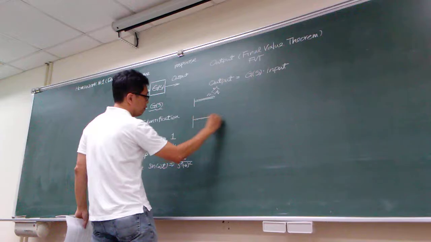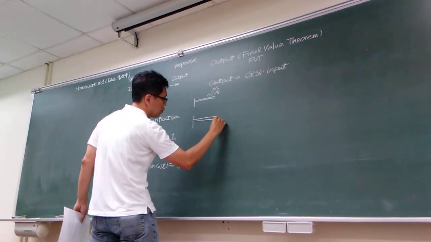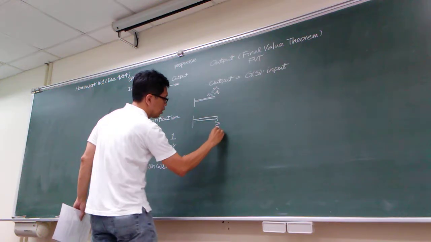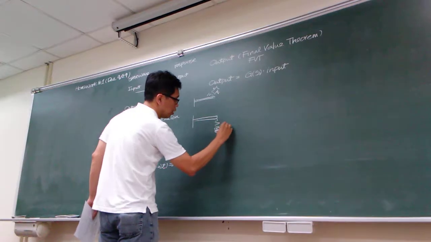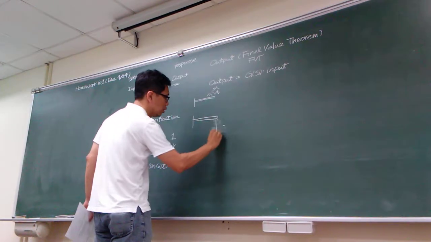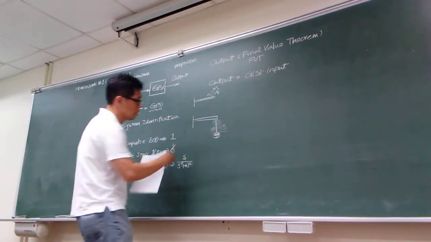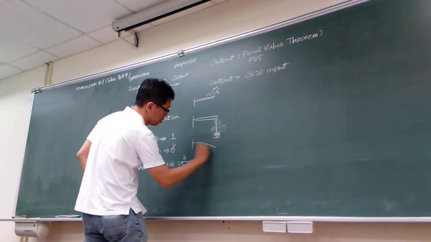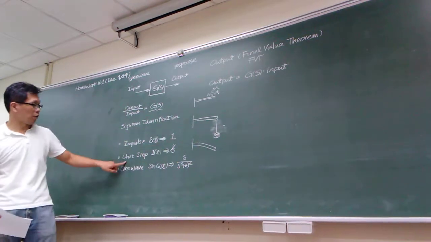If you have a weight over here and you hold it, if you release this one, what happened? It will start to vibrate, and eventually it's going to be something like this, right? It doesn't matter. This one is going to be similar to my unit step input.